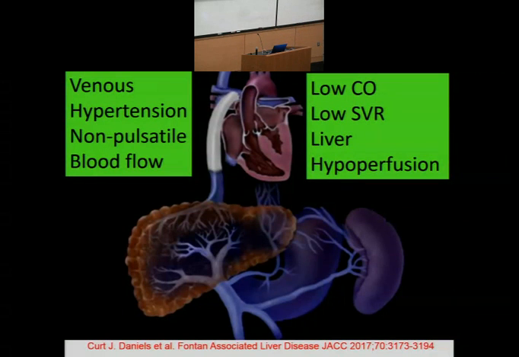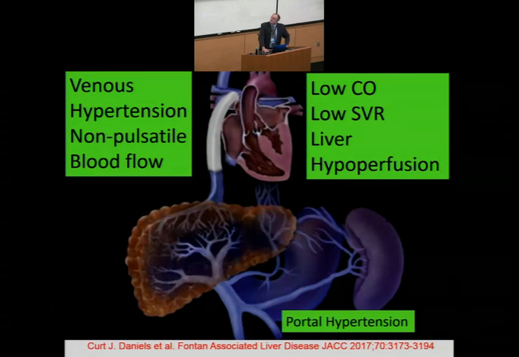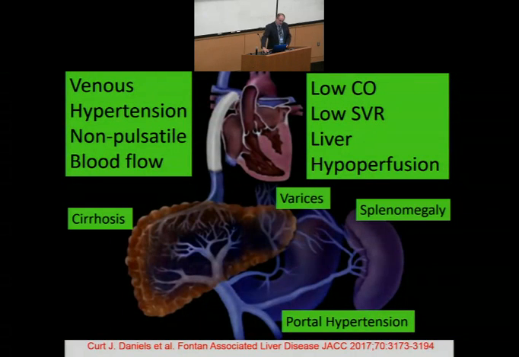Over time, the pulmonary vascular resistance changes. It can increase in these patients, and so they get a low cardiac output. There's low volume of blood coming to the systemic ventricle. They start to develop a low SVR the more the liver fails, and then they start to get liver hypoperfusion, portal hypertension, varices, splenomegaly, and cirrhosis.